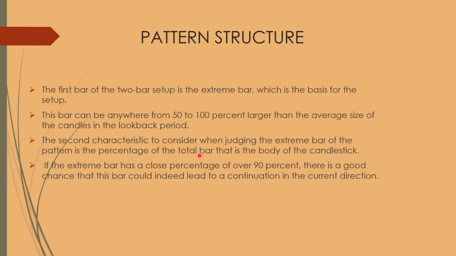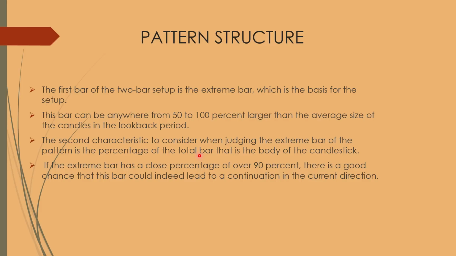The first bar of the two bar setup is the extreme bar, which is the basis for the setup. This bar can be anywhere from 50 to 100% larger than the average size of the candles in the lookback period. The second characteristic to consider when judging the extreme bar of the pattern is the percentage of the total bar that is the body of the candlestick.